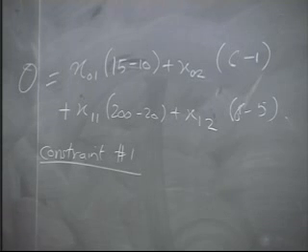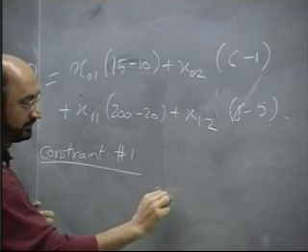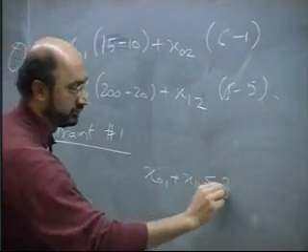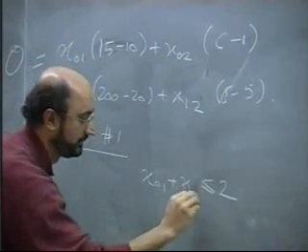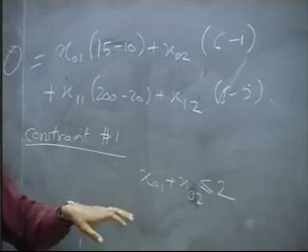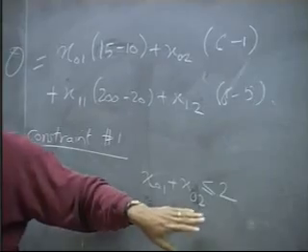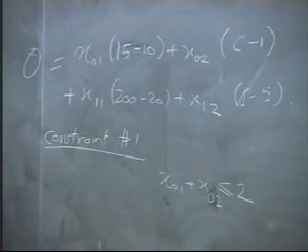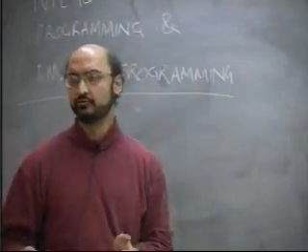So they can only have 2 jobs being scheduled. So we can just say that x01 plus x02 is less than or equal to 2. A person can get assigned to time period 1 and time period 2, and that's all they can get. So essentially this is a constraint that says you can't have more than 2 jobs.